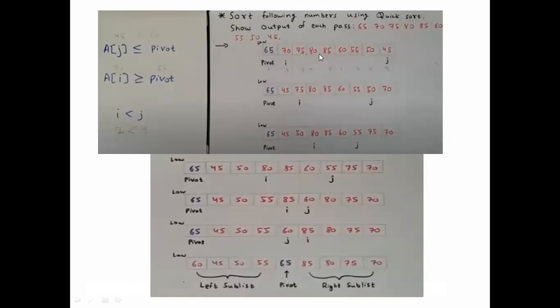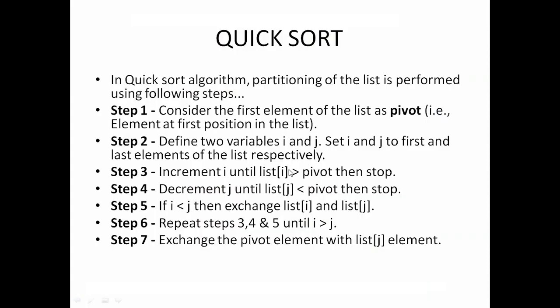In this example, the i value is 70 and the pivot value is 65. So the pivot value is less, the i value is greater, so the condition is false. Now increment i whenever the pivot is less than i.